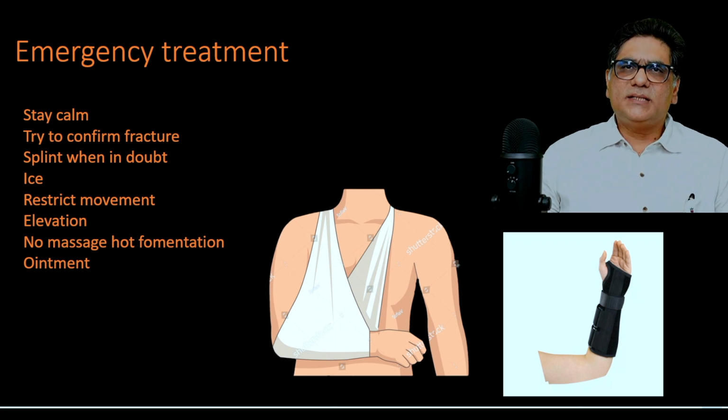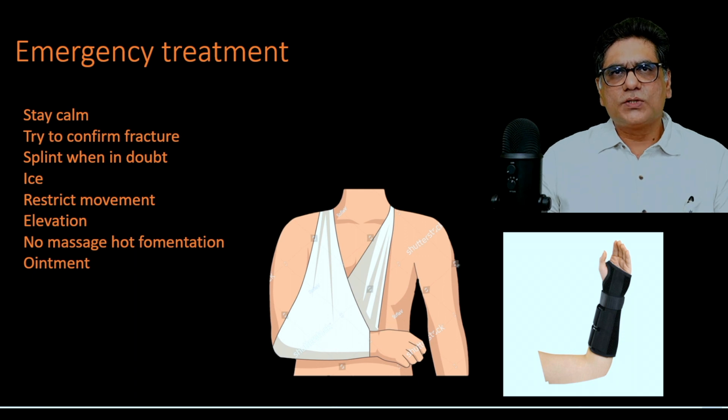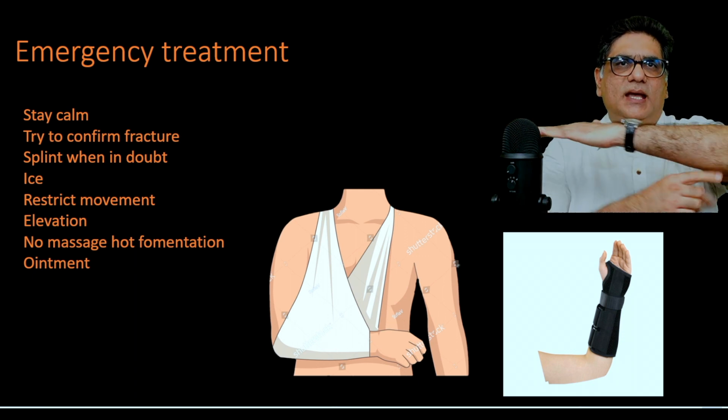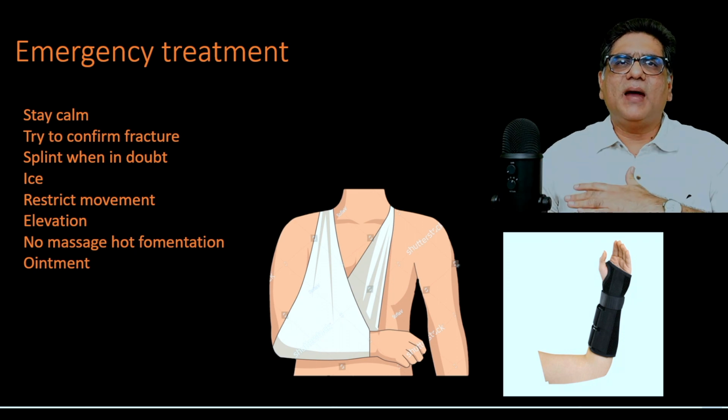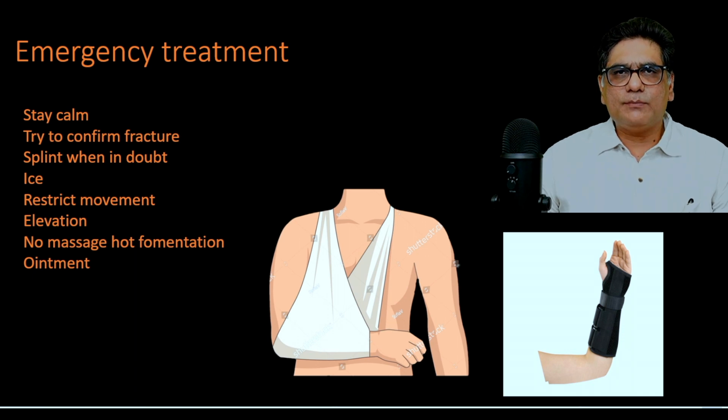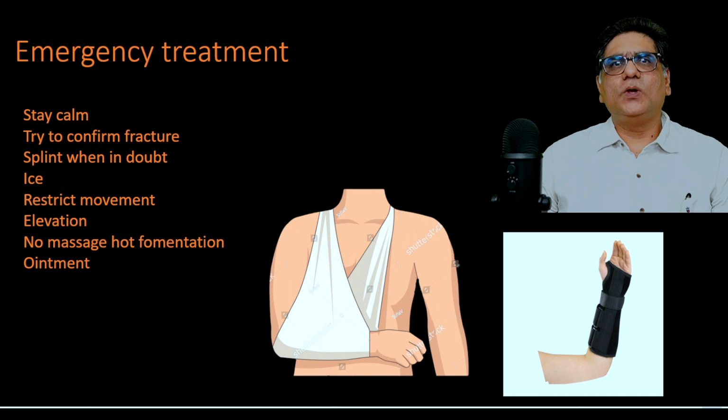A ruler, measuring scale, or a thick rolled newspaper which is well padded can be applied to the wrist, and it can be wrapped in a bandage or taped so that the wrist does not move, and that reduces further damage to the soft tissue. The fracture pain will be reduced when the fracture fragments do not move. That is the purpose of splinting.